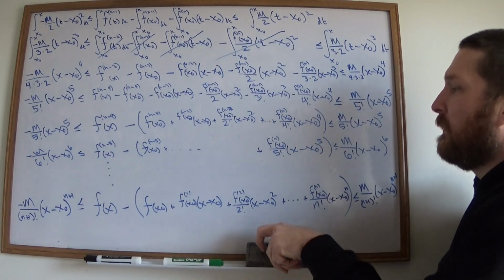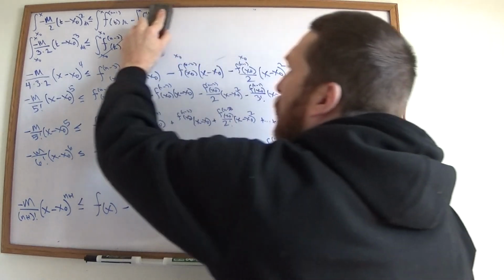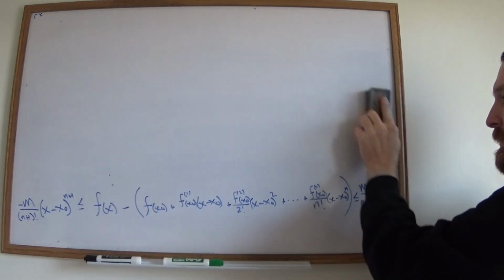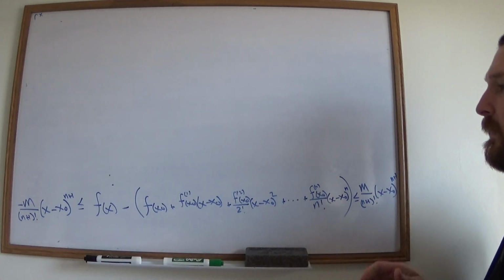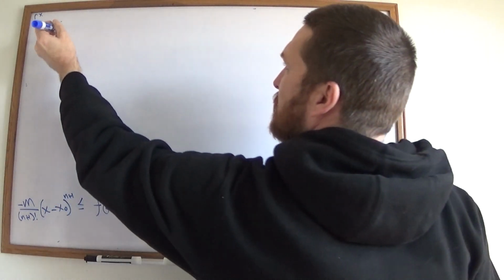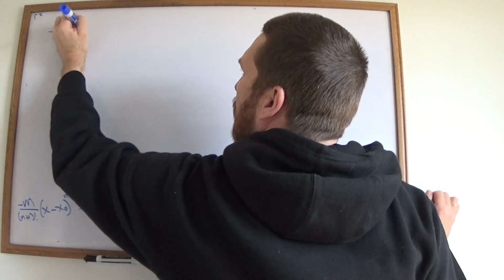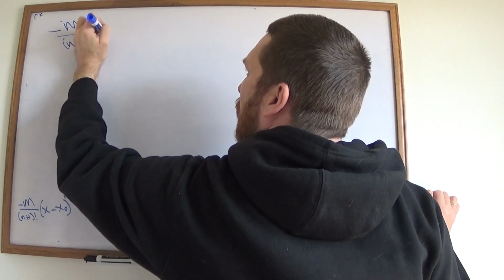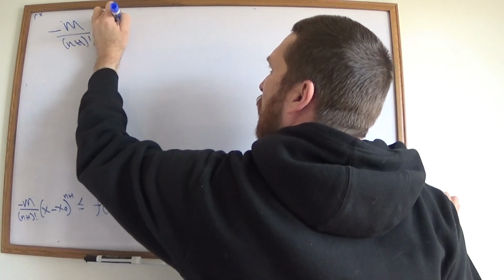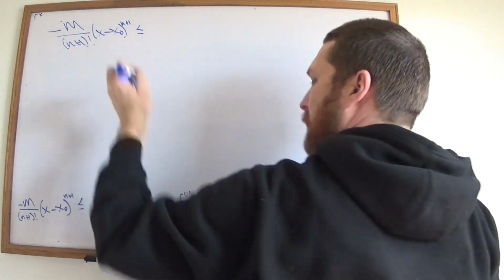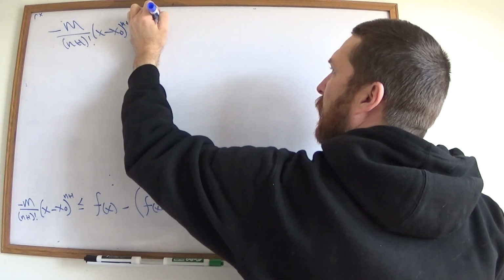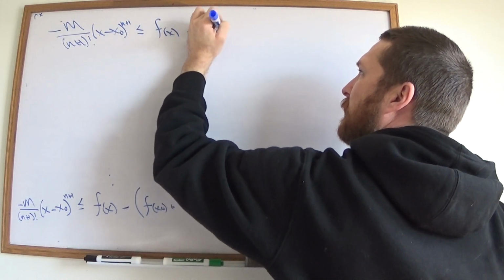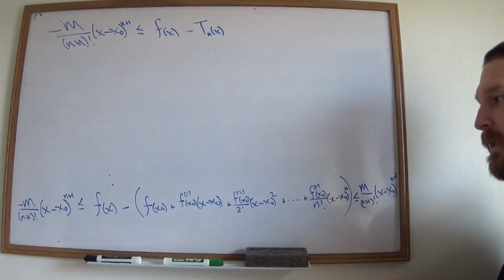And so, what we just found was that this is less than or equal to f(x) minus the nth Taylor approximation evaluated at x0.